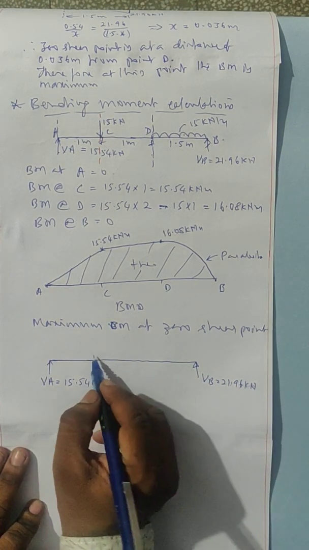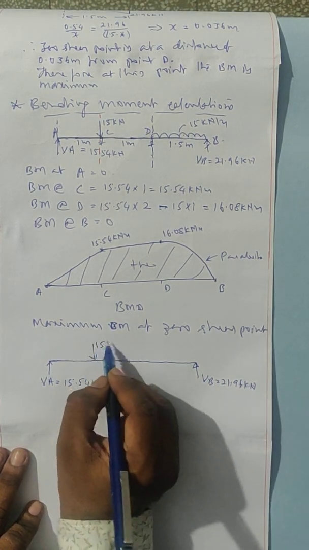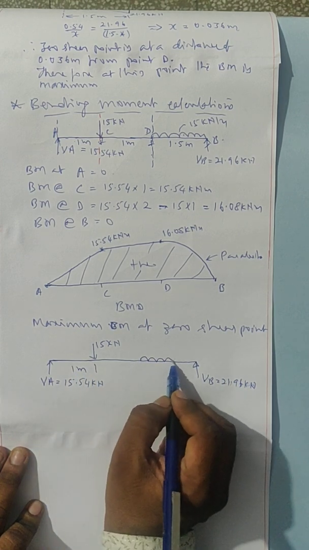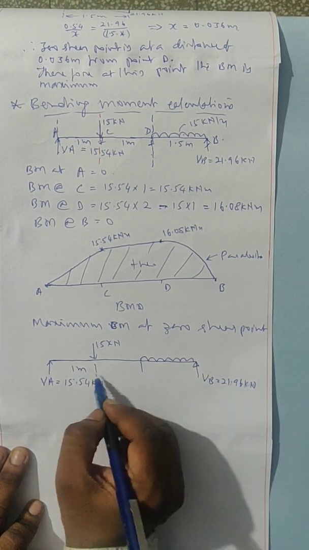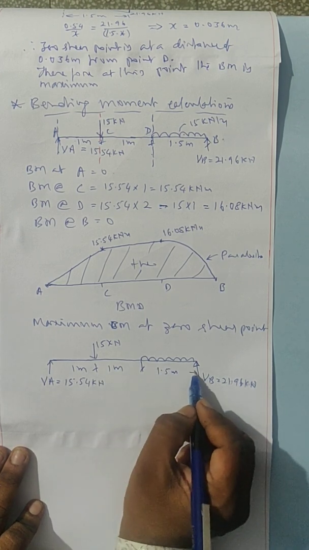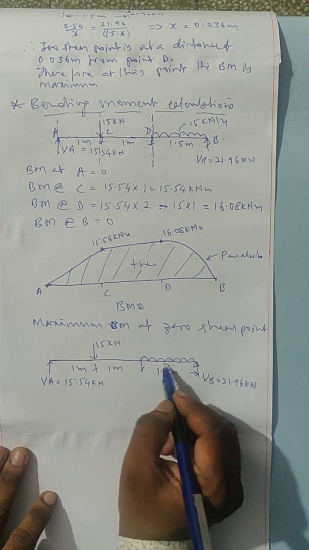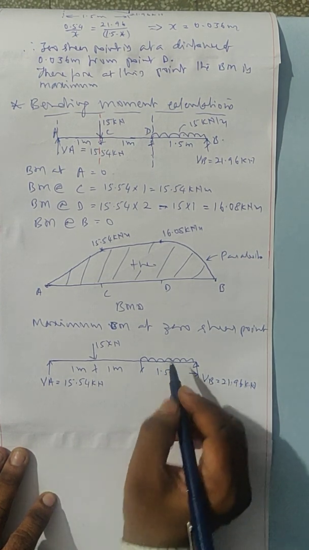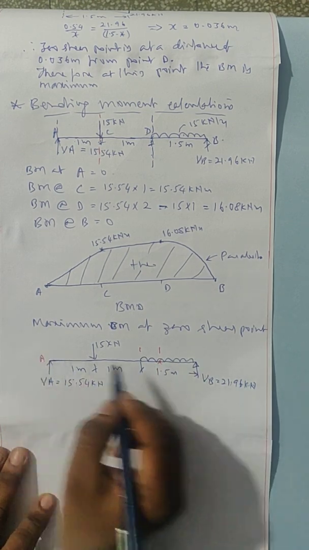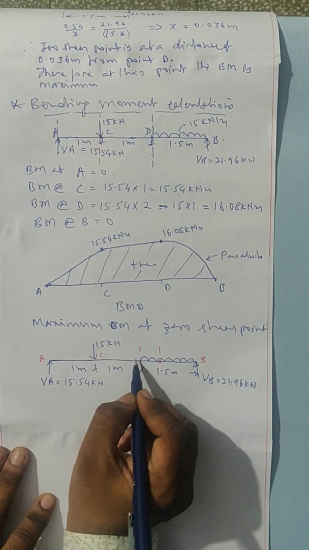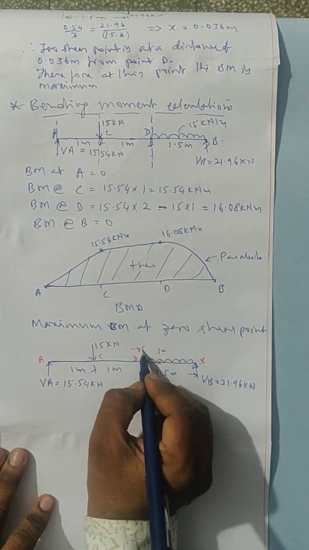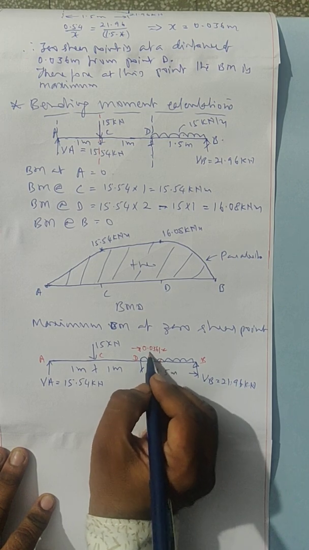Now here a 15 kilonewton load is there. This distance is 1 meter. Here UDL is there. This distance also 1 meter, 1.5 meter. The zero shear point is at a distance here, this is at a distance from D. This point is A, B, C, D. 0.036 meter.